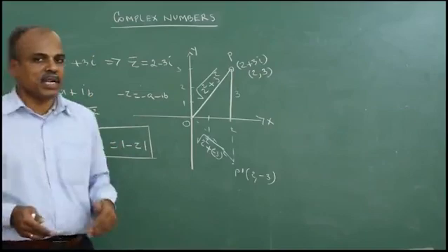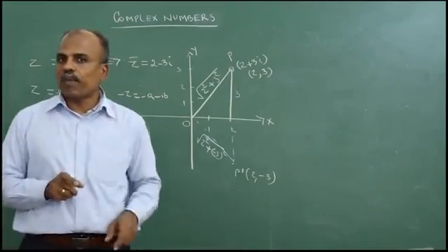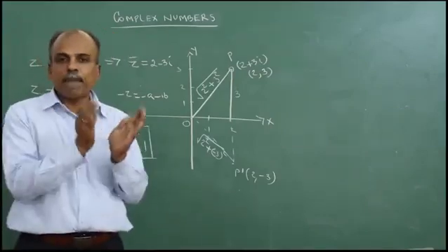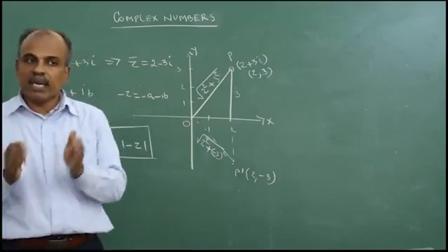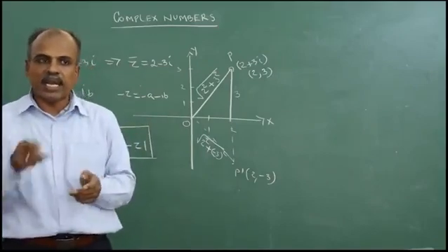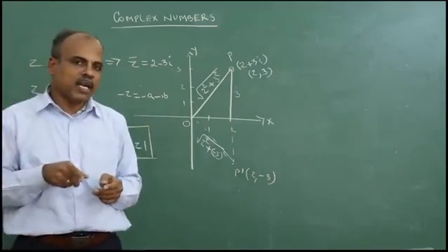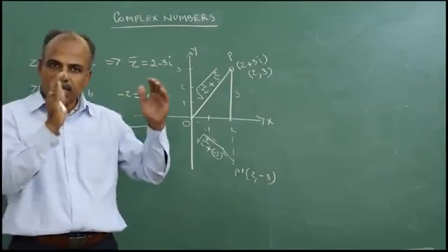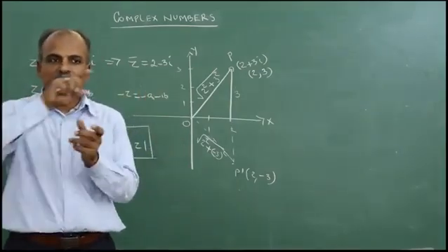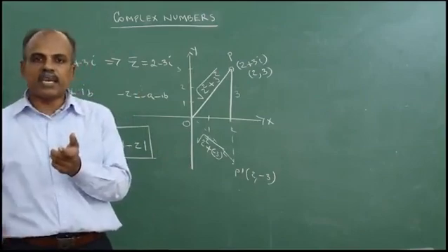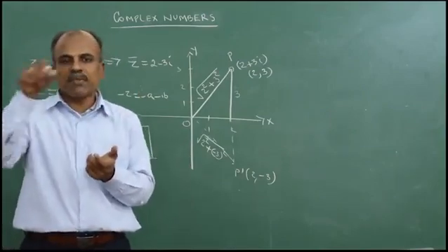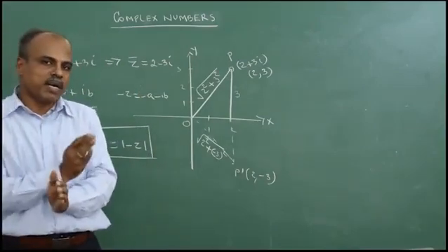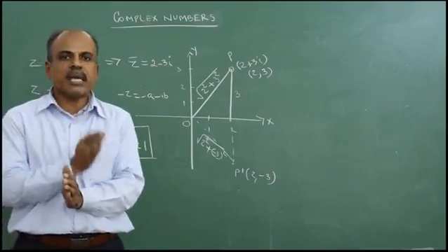Similarly, multiplication. For multiplication of any two complex numbers, I give the formula: a plus ib into c plus id. You multiply real with real, imaginary with imaginary to get the real part; then the first complex number's real part with the imaginary part, and imaginary with the real part, multiplied with i, to get the imaginary part.